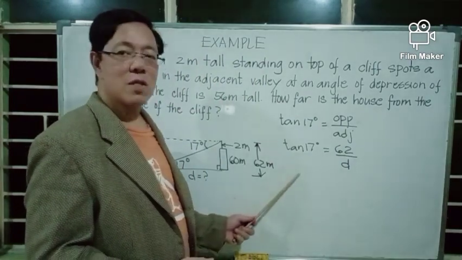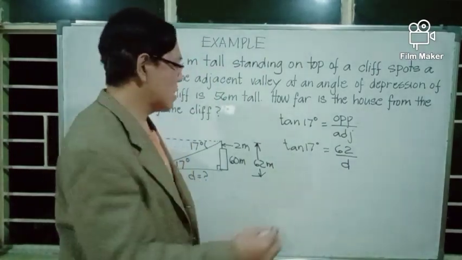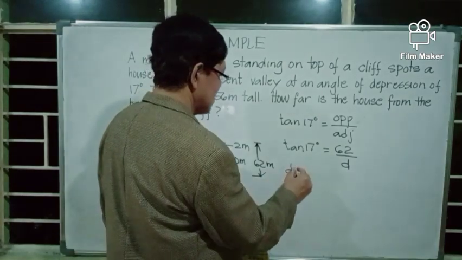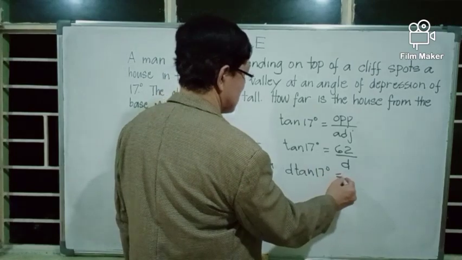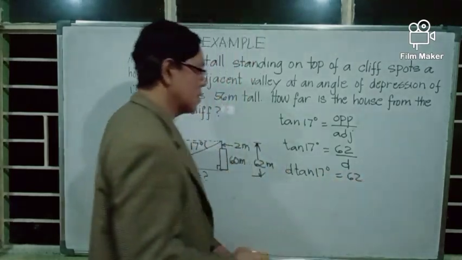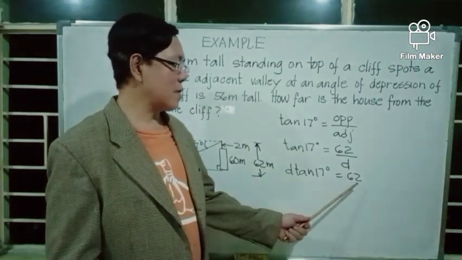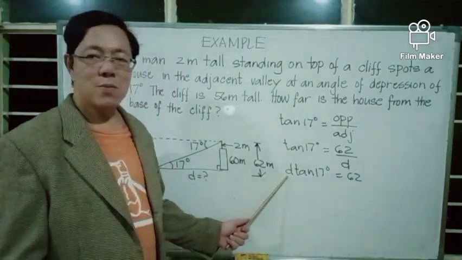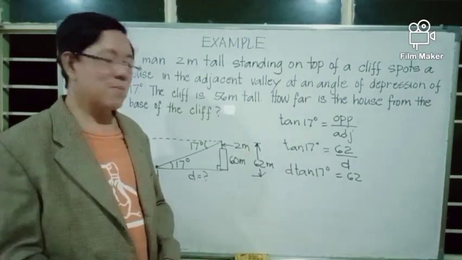And from this equation, we solve for D. First, multiply D by tangent of 17 degrees. D times tangent of 17 degrees equals 62. Finally, we divide both sides by tangent of 17 degrees so that we are left with D on the left-hand side of the equation.